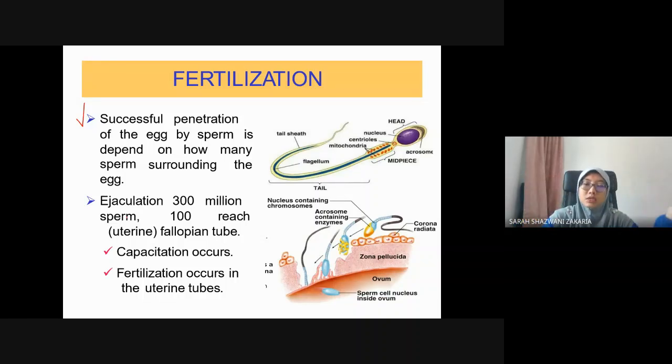In that order, the path of penetrating the ovum is more readily open for successful penetration.